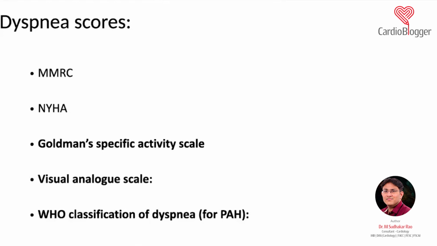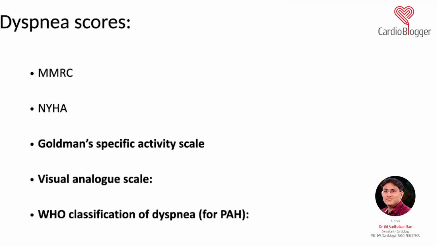Now, after NYHA, the Goldman specific activity scale. This is not very important, but if somebody asks you, it is based on metabolic equivalent, known as METs. One MET is the amount of oxygen consumption needed to do that work.